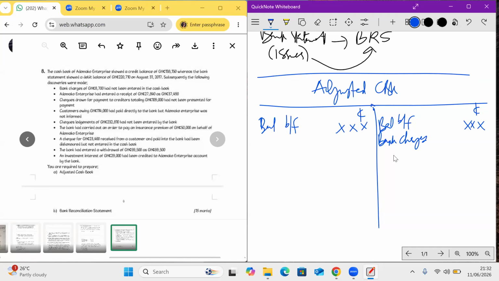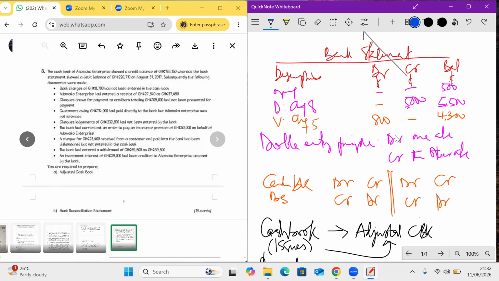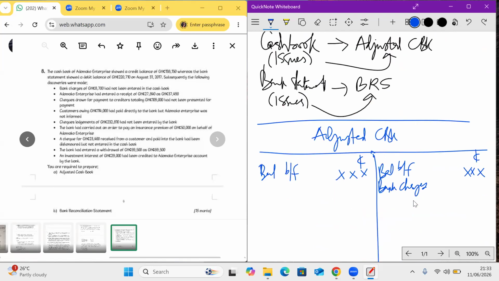Whenever the bank is deducting money, it is a debit. So bank charges, will the bank debit or credit it? Debit.